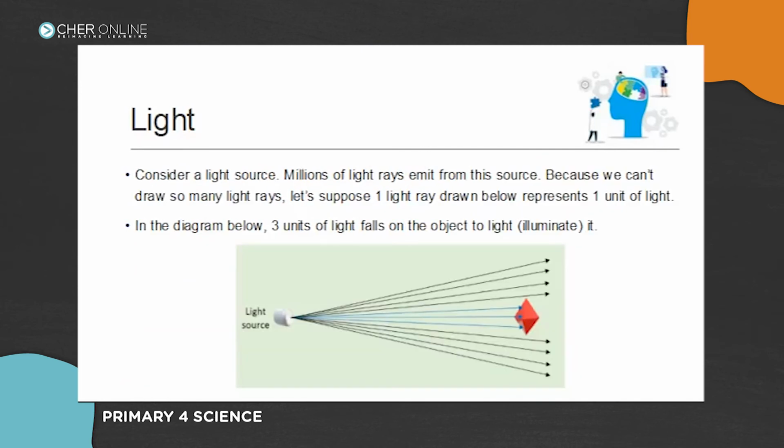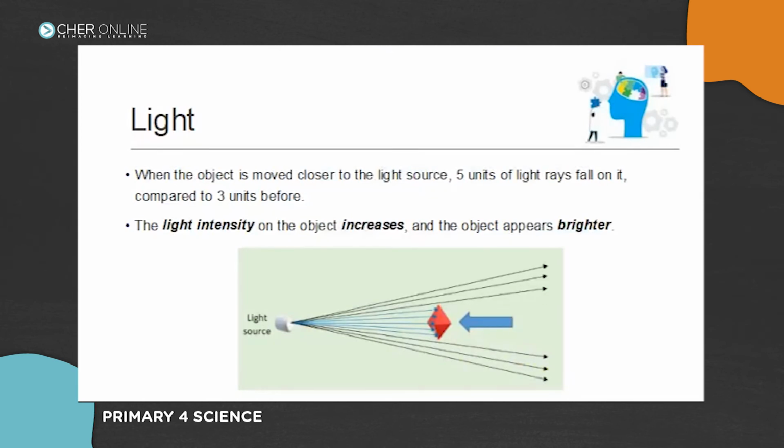So what does that mean? Considering a light source, there are a lot of light rays, but normally we just draw one or two. In this case, I'm just going to draw three. Three light rays fall onto this object and brighten it. Now, if I bring the object closer to the light source, what happens?